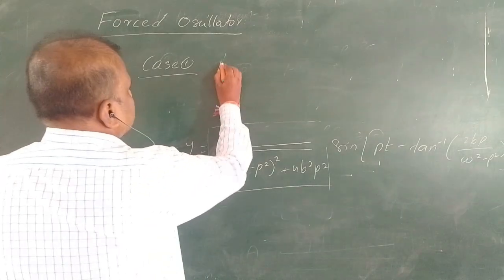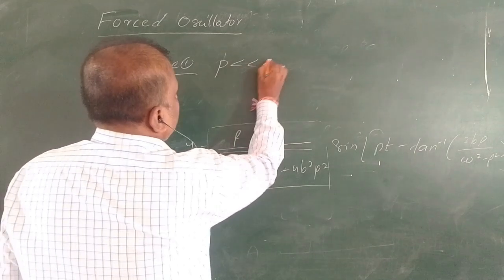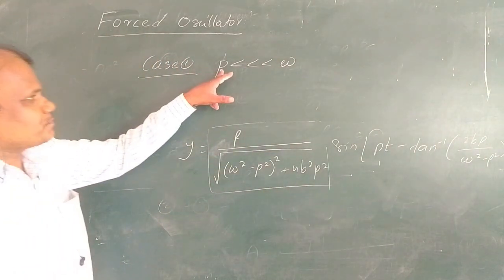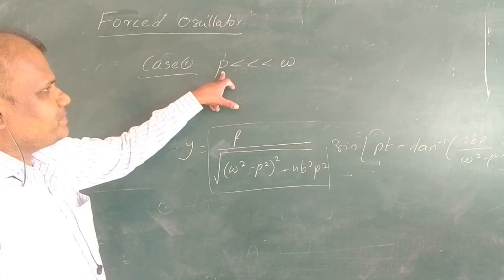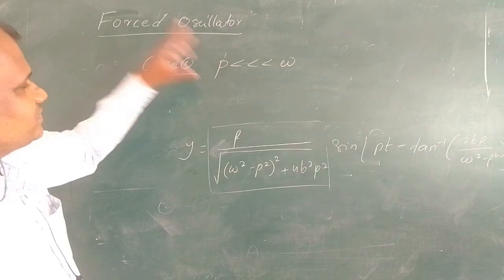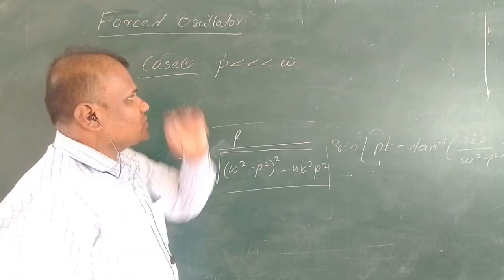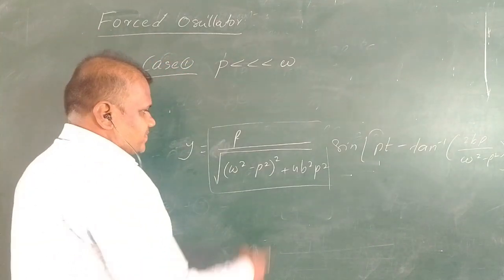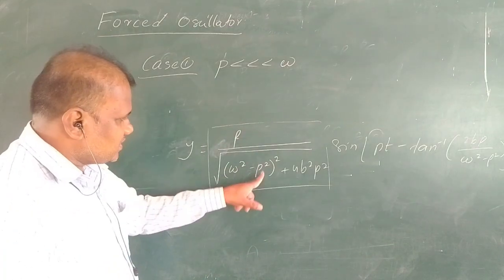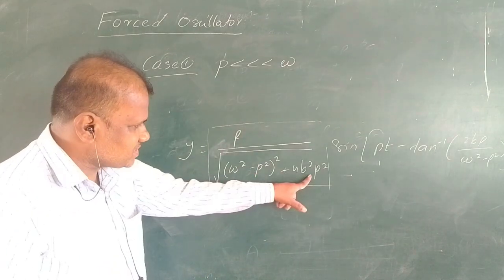Case number 1 means the angular frequency p of the external force is less than the natural frequency of the oscillator. Then p is very small, therefore you can neglect p square here.